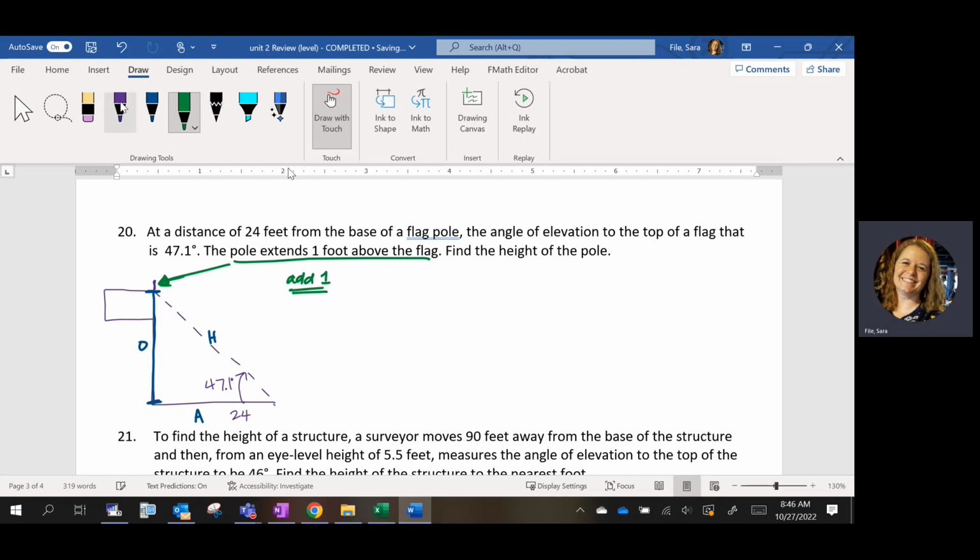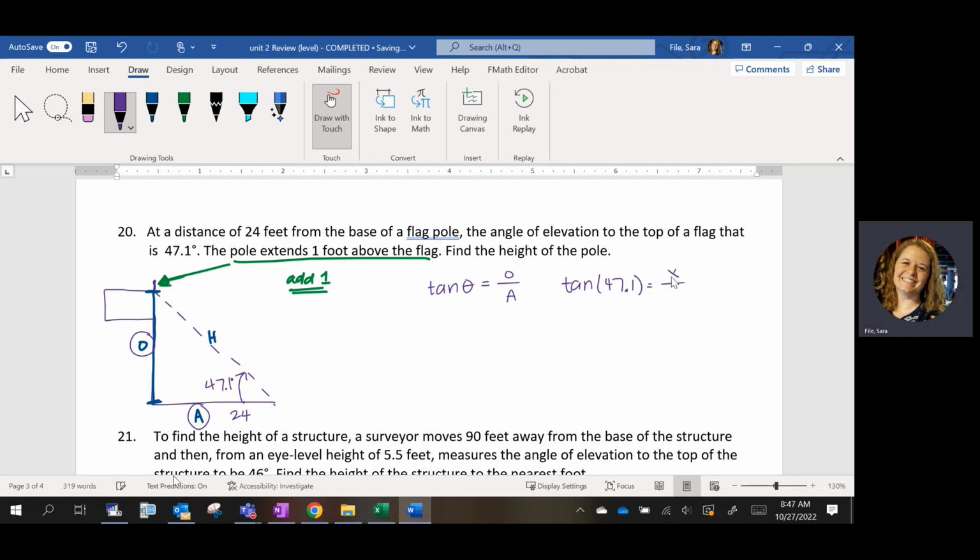Okay, so for my trig, from this angle, I want to know opposite and I know adjacent. What trig function uses opposite and adjacent? So I'm going to set up tangent, which is tangent of theta is O over A, and I'm going to plug in what I know. So I know the angle is 47.1.